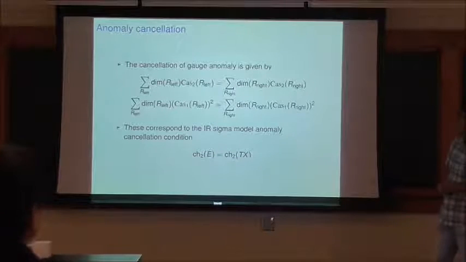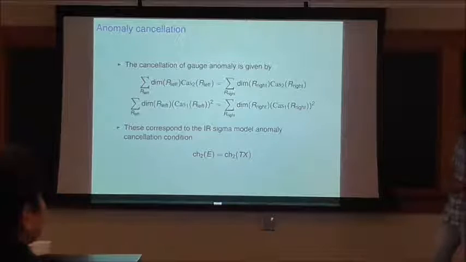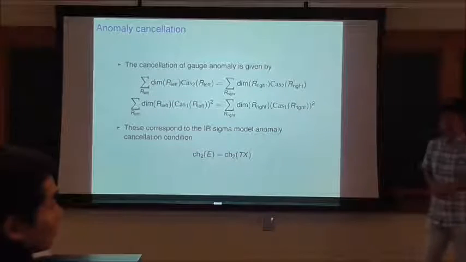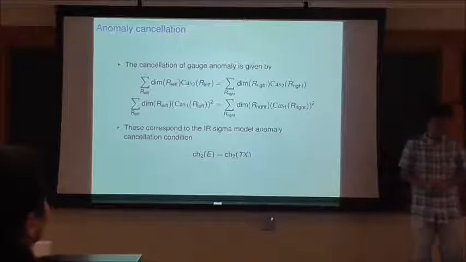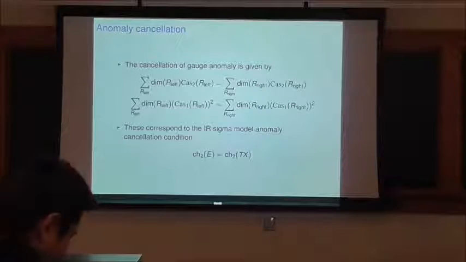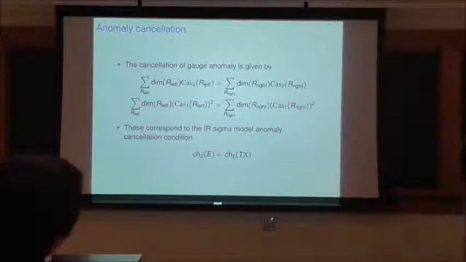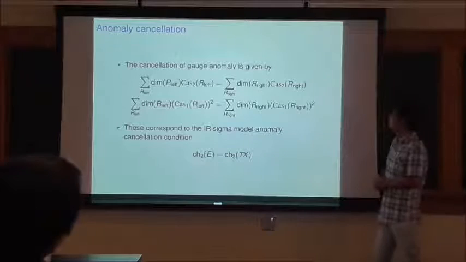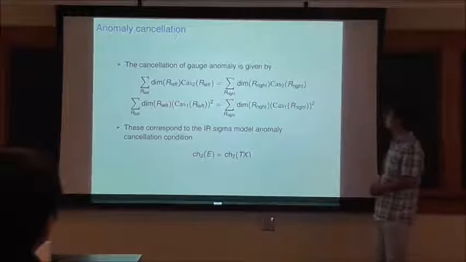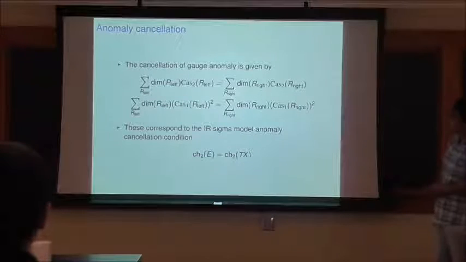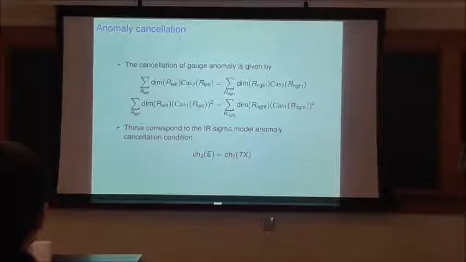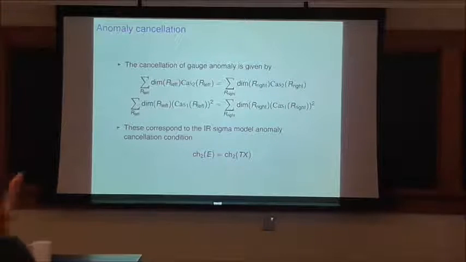So instead of a 3rd order invariant, you have a 2nd order invariant from your algebra. And there are 2 ways of constructing a 2nd order invariant. The first one is what's called the quadratic Casimir, which is labeled as Cas2 here. And the second way is just to use the 1st order Casimir and square it. It's also a 2nd order invariant.